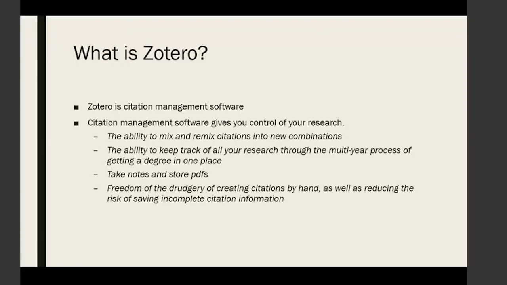And then finally, it just really allows you freedom from that task of having to create individual citations for every article that you may be using in an annotated bibliography or a paper that you're writing or a presentation. Creating those citations by hand also reduces the risk of saving incomplete citation information.